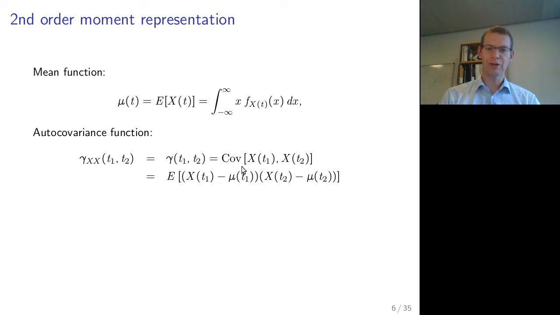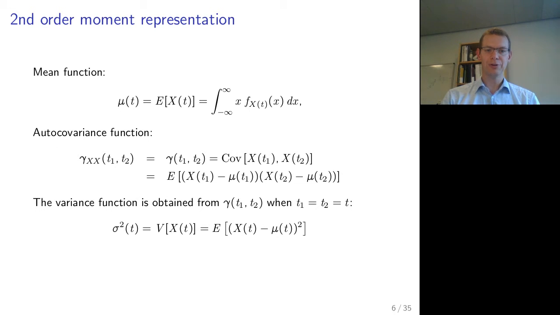We use the covariance sign here, but we call it the autocovariance. Auto means with self, so it's the covariance with yourself at different points in time. And as usual, if you take the autocovariance at the same time, then you get the variance with the usual definition down here.